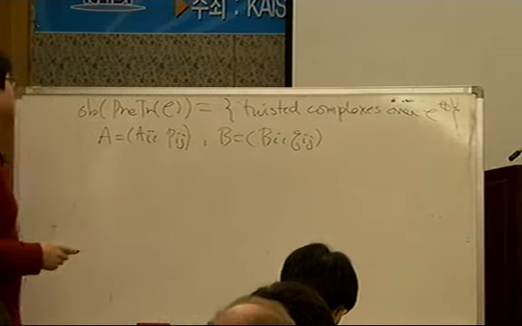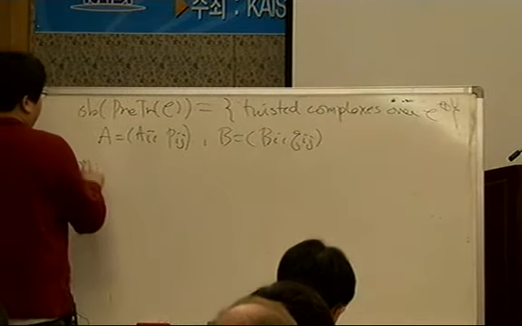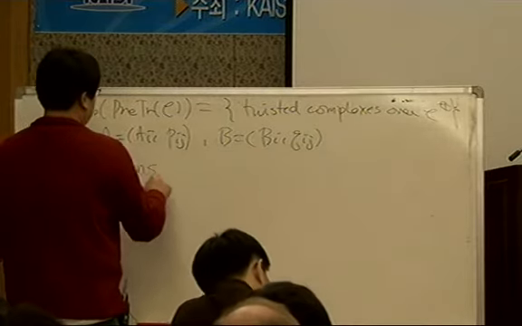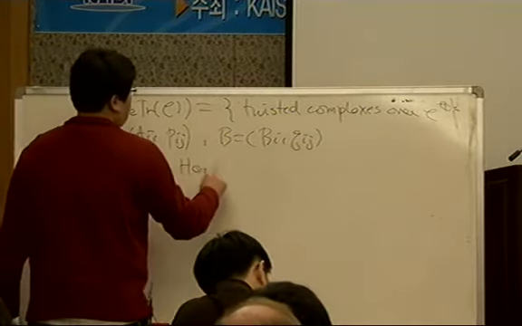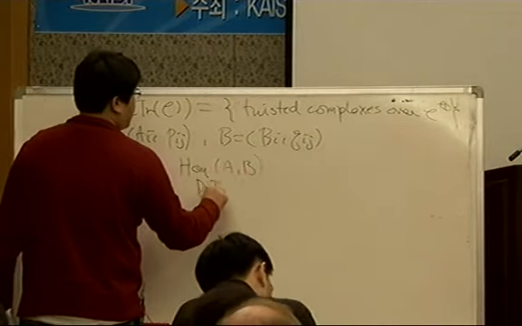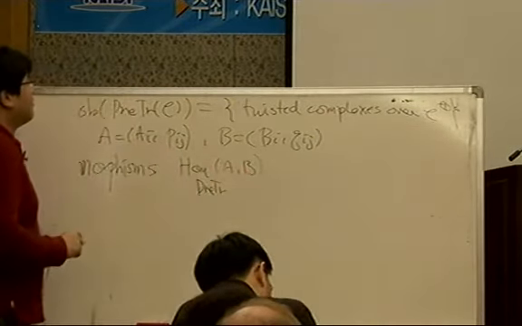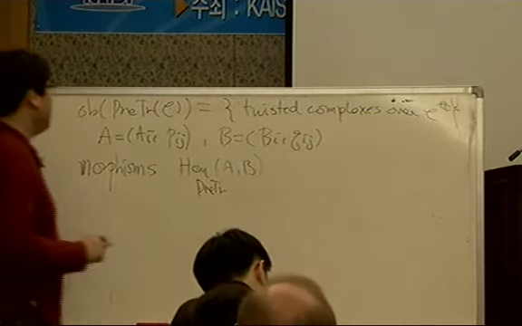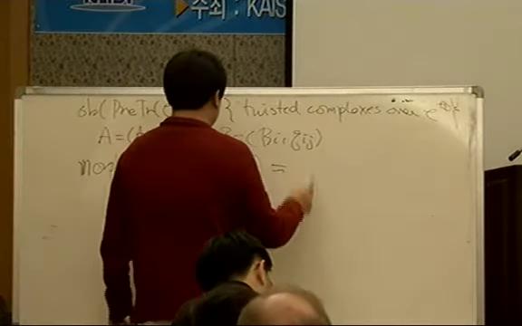Then what do we do with this? We have to define morphisms. So Hom from A to B, where I have to emphasize that this is the morphism in pre-Tr, and we want this to be a DG category again. So this has to be a complex.